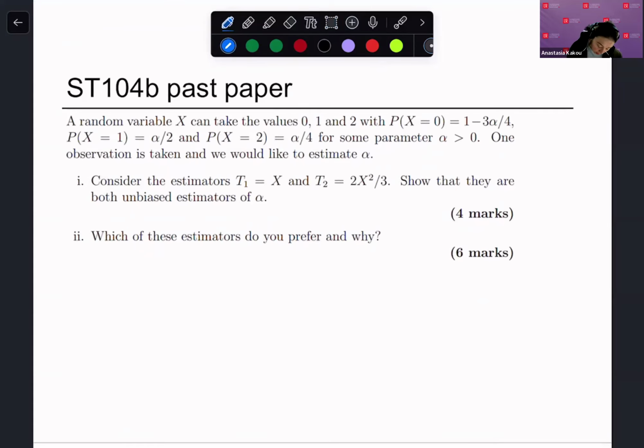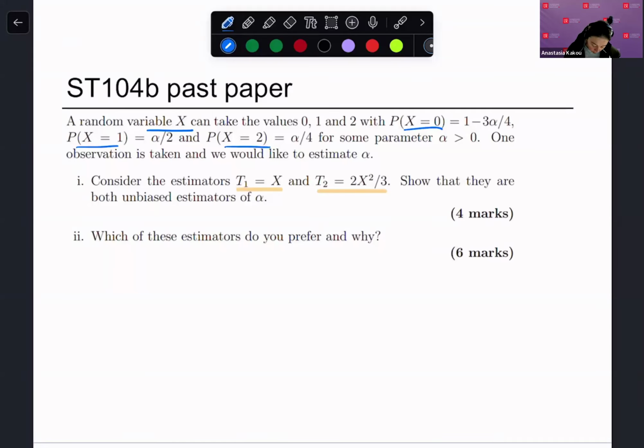You're given a random variable x that takes three values, 0, 1, and 2. One single observation is taken, and we would like to estimate the value of alpha, the unknown parameter. We're considering two estimators, T1 and T2, and you need to show that they are both unbiased.